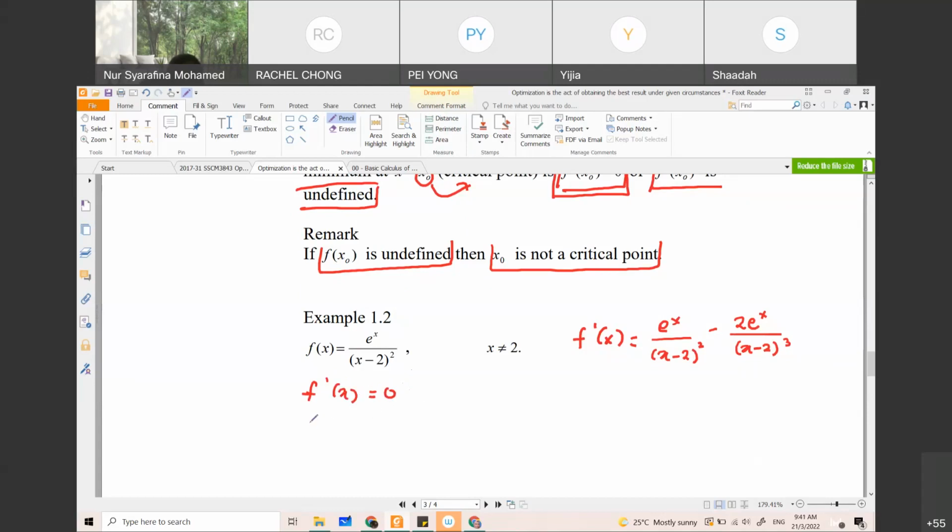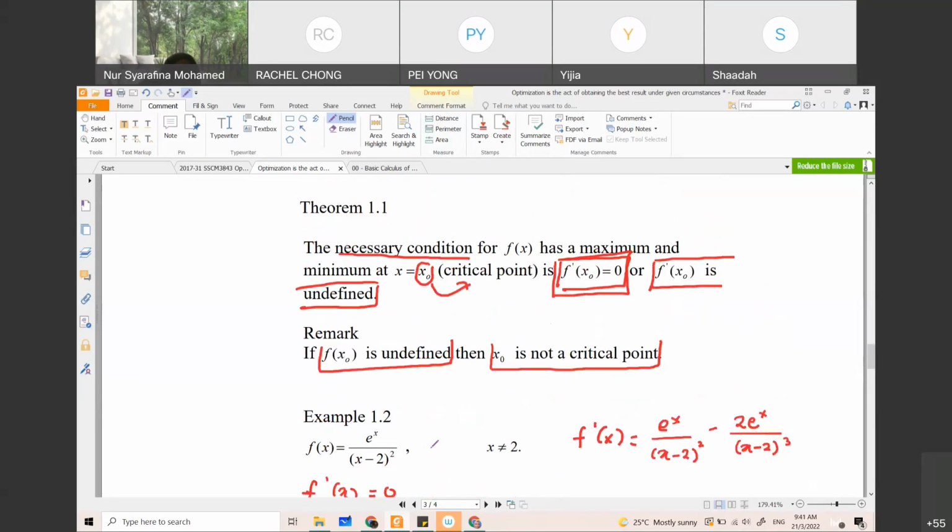Okay, so for my case, f prime x equals e^x (x minus 4) over (x minus 2) cubed. So it is just a factorization process here. Then we set f prime equal to 0, so we have x equals 4.